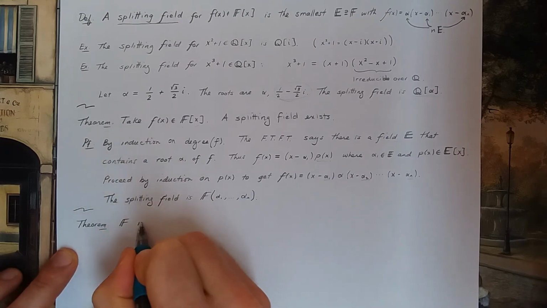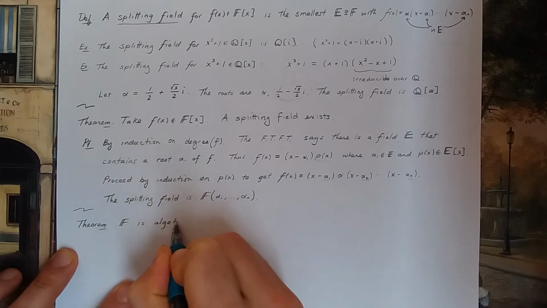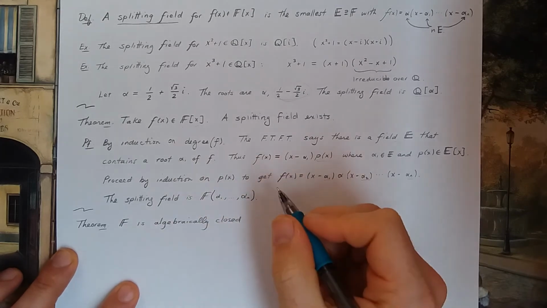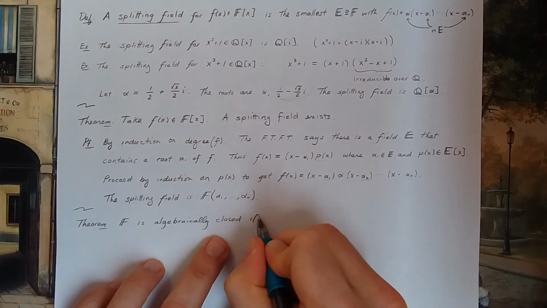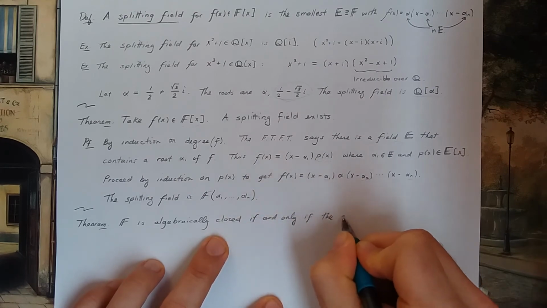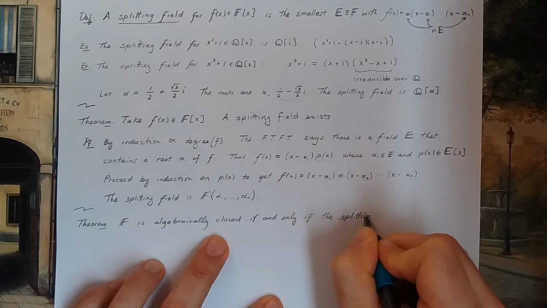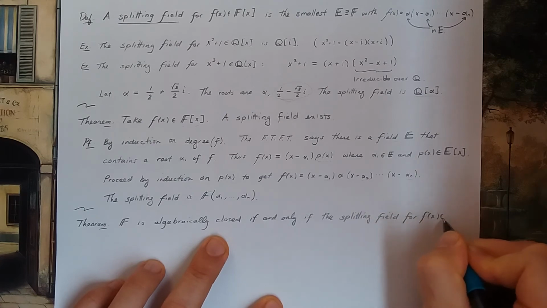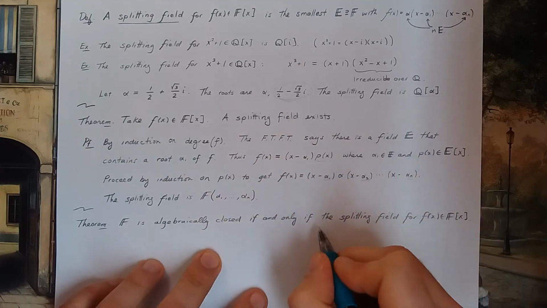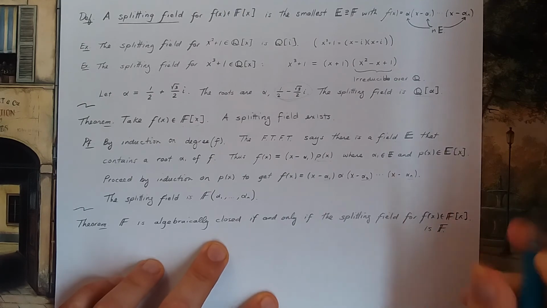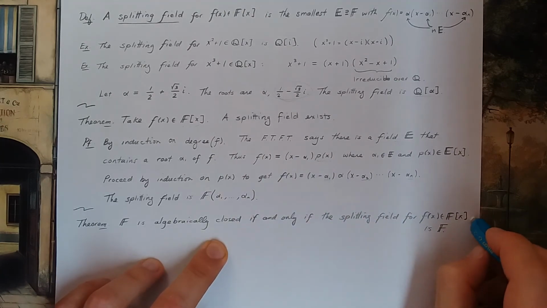The field F is algebraically closed if and only if the splitting field for any polynomial f of x with coefficients in your field is F. So the splitting field is actually just the field F itself.